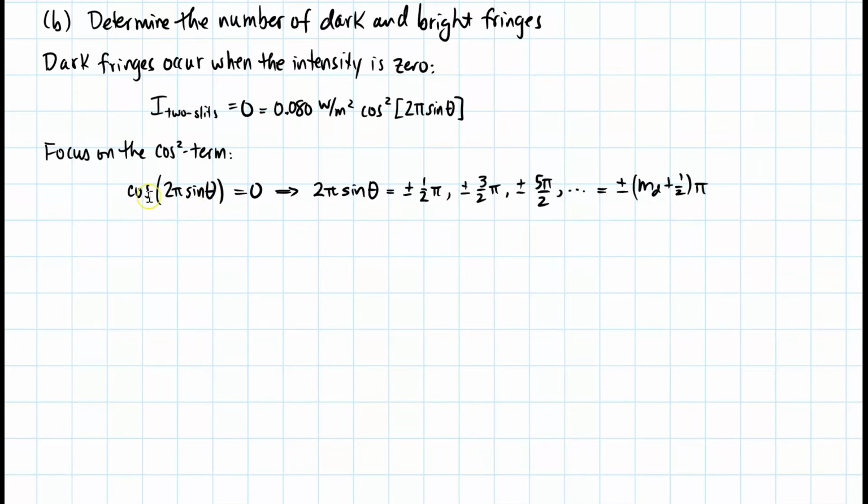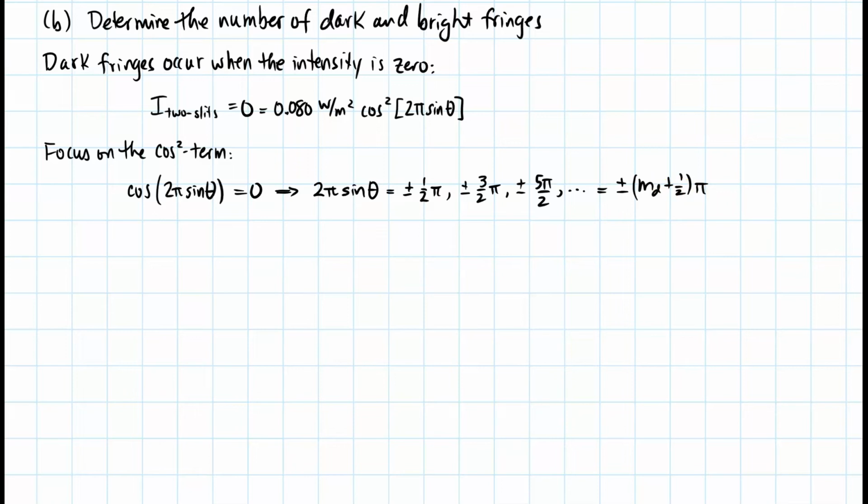So therefore the argument 2 pi sine theta can be plus or minus 1/2 pi, plus or minus 3/2 pi, plus or minus 5/2 pi. And if I summarize that, it's going to be (m plus 1/2) times pi.